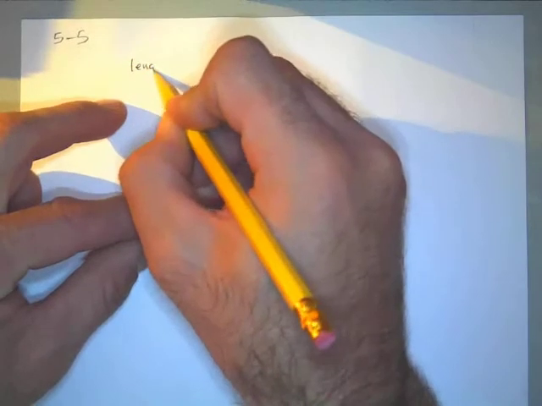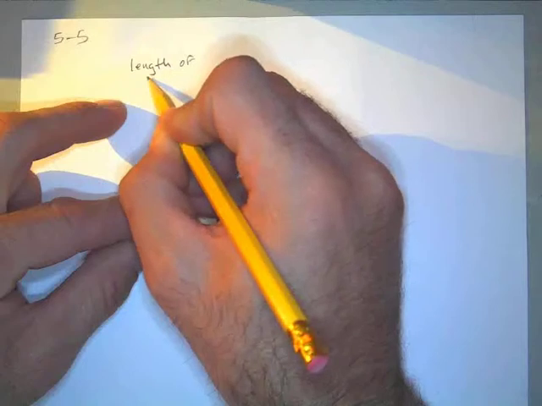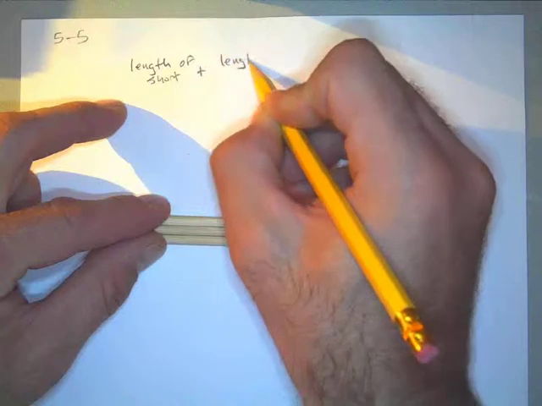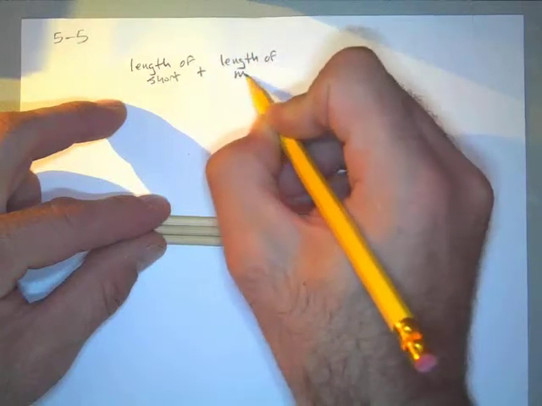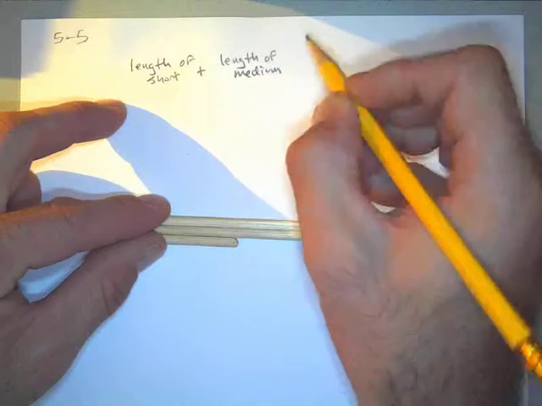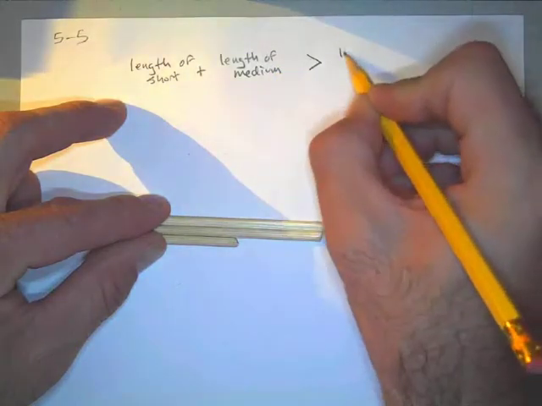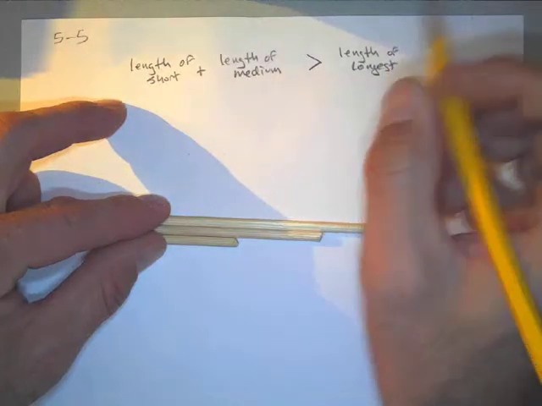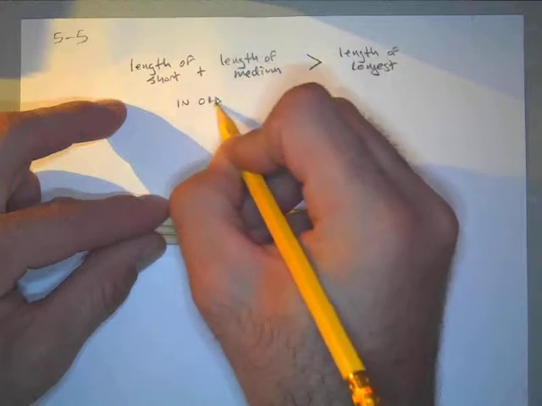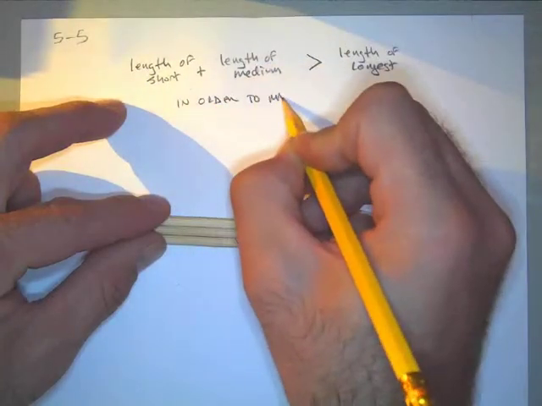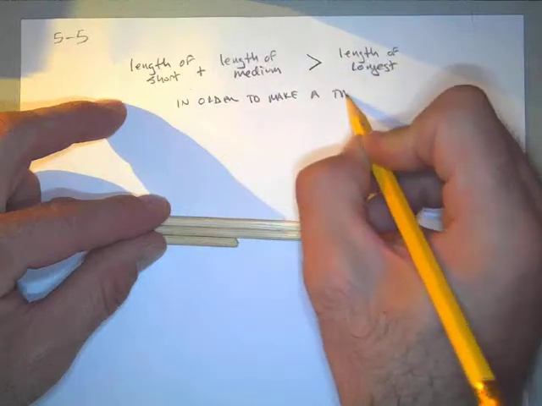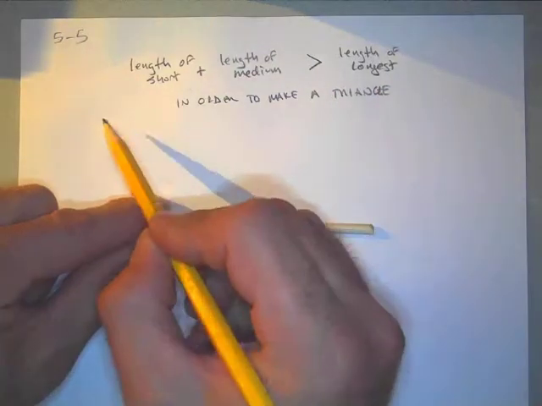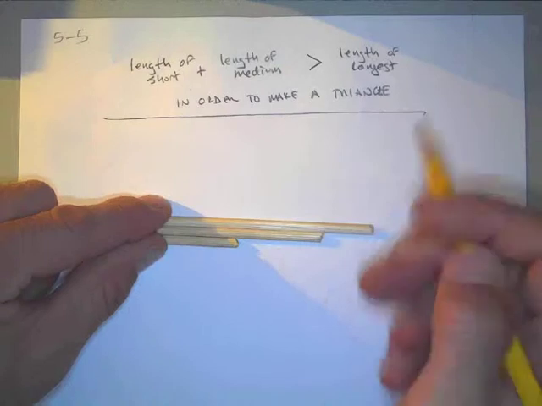The length of the shortest side plus the length of the medium side have to be greater than the length of the longest side in order to make a triangle. Okay, so that's part number one of today's lesson.